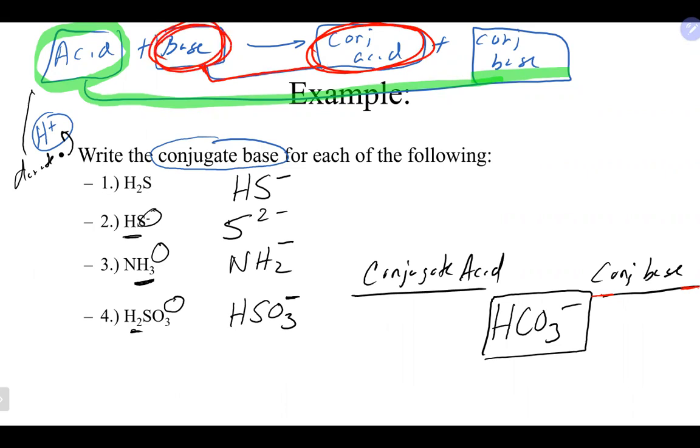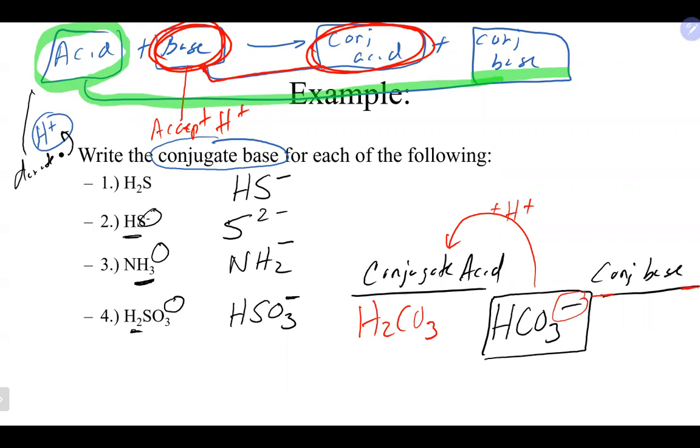That means in this case it's going to act as a base. The definition of a base is it will accept an H plus. So we want to put the H plus on. We're going to gain an H plus, which will give us 2 hydrogens. CO3, with -1 and +1 equaling 0. So we'll get carbonic acid there.